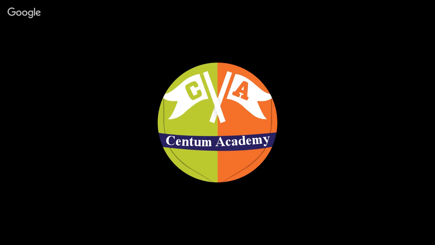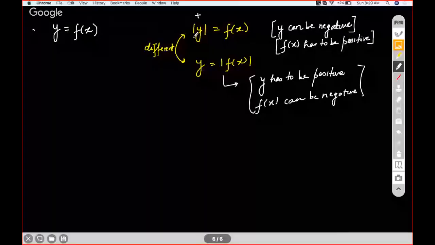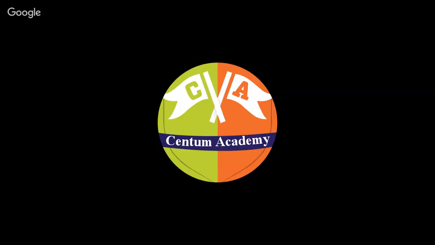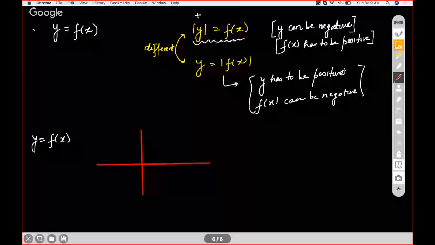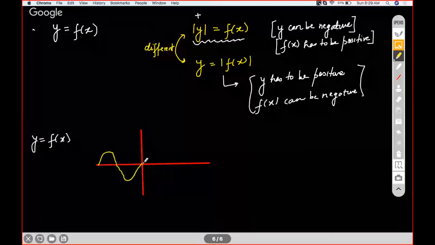Now, since we have realized both are different cases, how do I plot the graph of mod y equal to f of x? What should I do? Let's say I hypothetically give you a graph of y equal to f of x like this. Let's say I have some sine waves over here, and here some triangles being made.